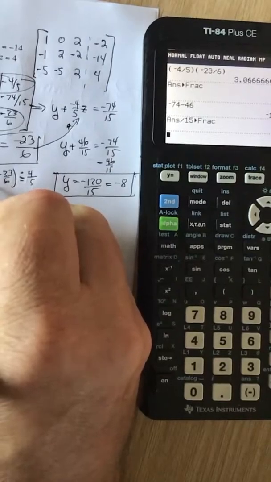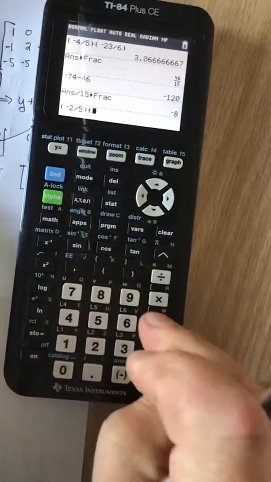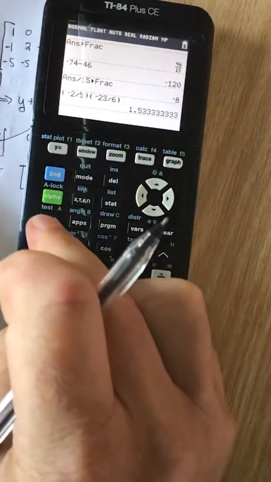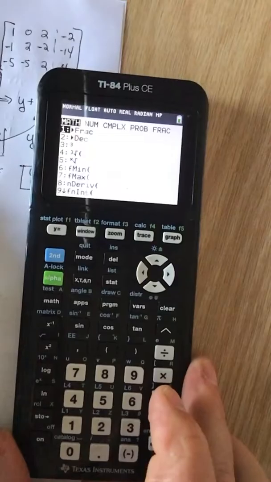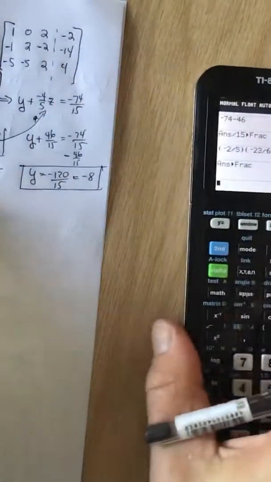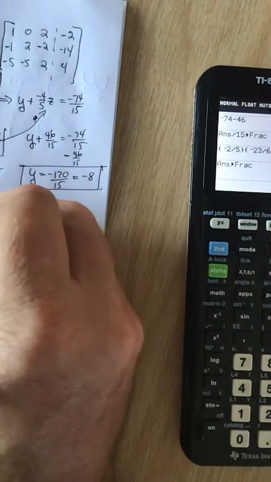Okay, so let's see what this is. -2 fifths times -23 sixths, math fraction, sorry, is 23 fifteenths. So this piece is positive 23 fifteenths.